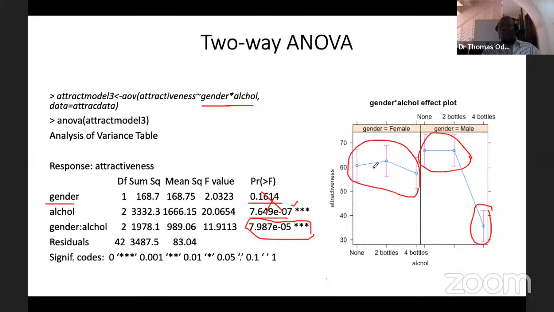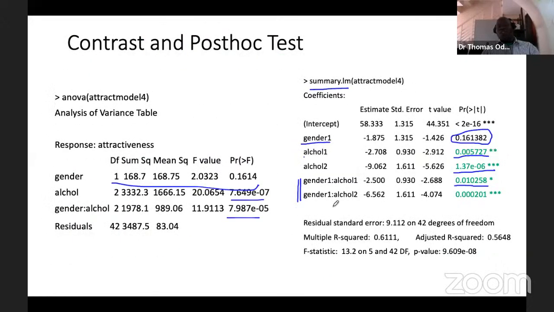So remember, it was none versus some alcohol. So this is the interaction that we are talking about here. So we are talking about none versus alcohol being significantly different for the male and the female.